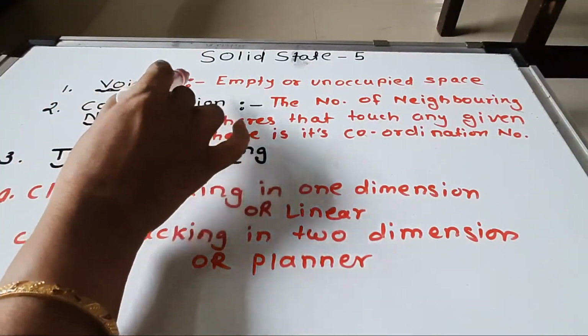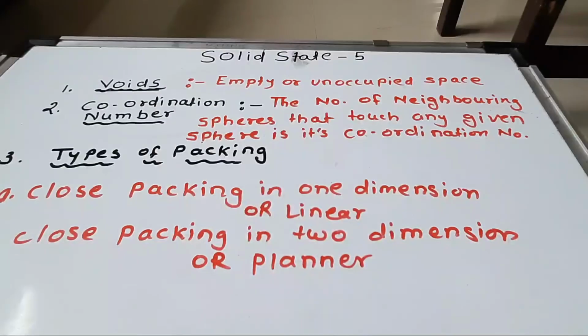Voids means empty or unoccupied space. And coordination number: the number of neighboring spheres that touch any given sphere is its coordination number.